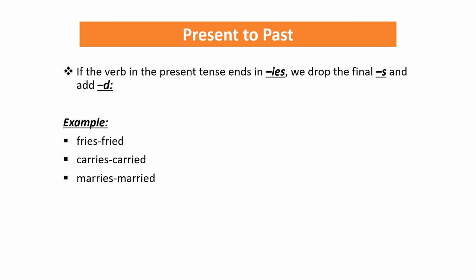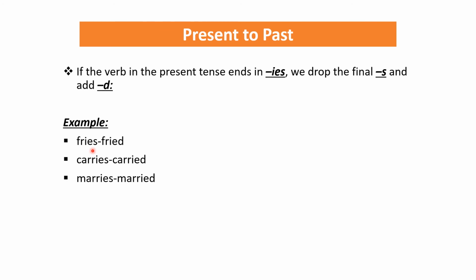Present to past. Now there is another way of changing the present to past. If the verb in the present tense ends in IES, as you can see, fries, IES.